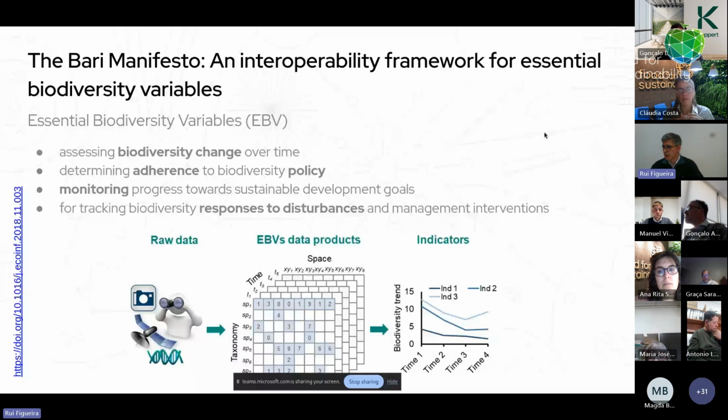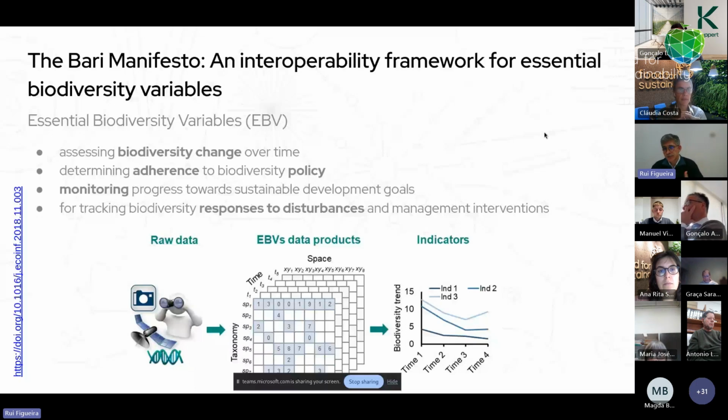And the Manifesto was a proposal based on the essential biodiversity variables that help to identify not only diversity of species, but also communities of species, abundance, services to the ecosystem. And so that's a proposal that exists.